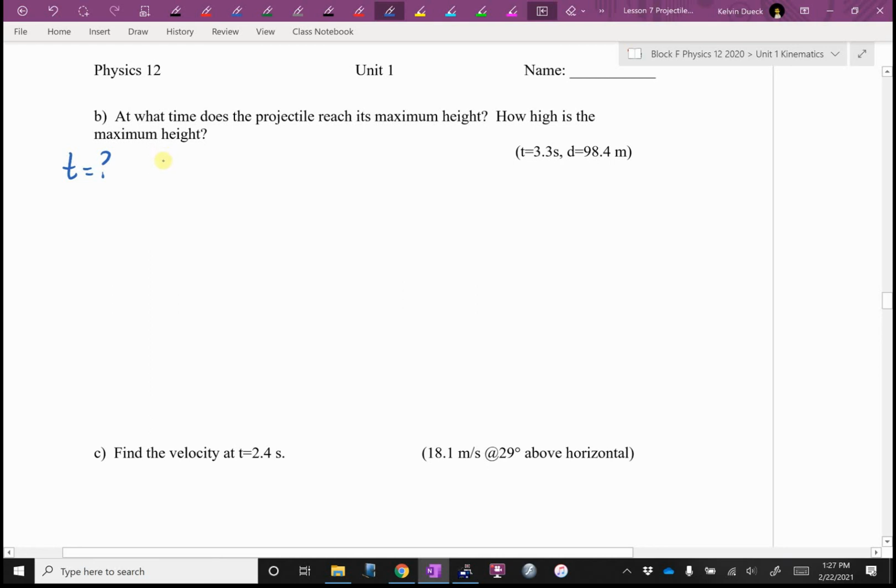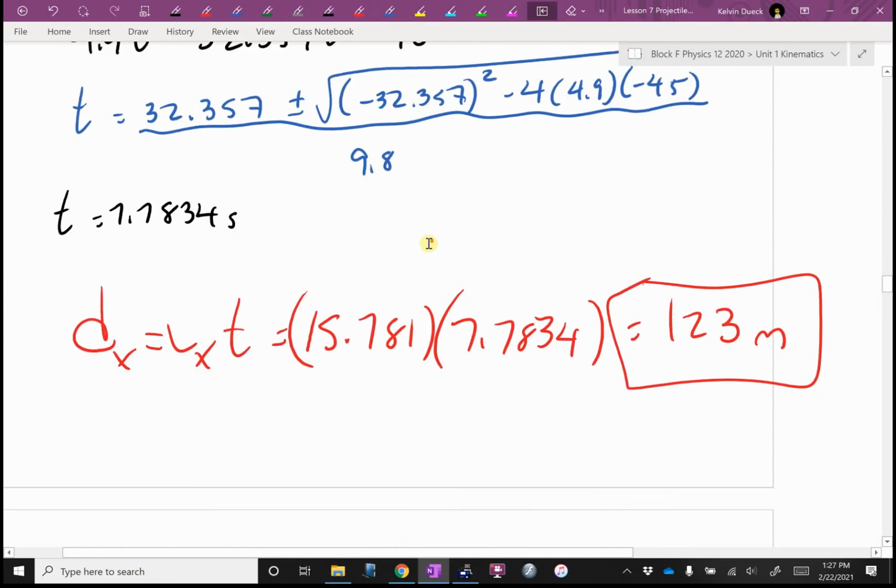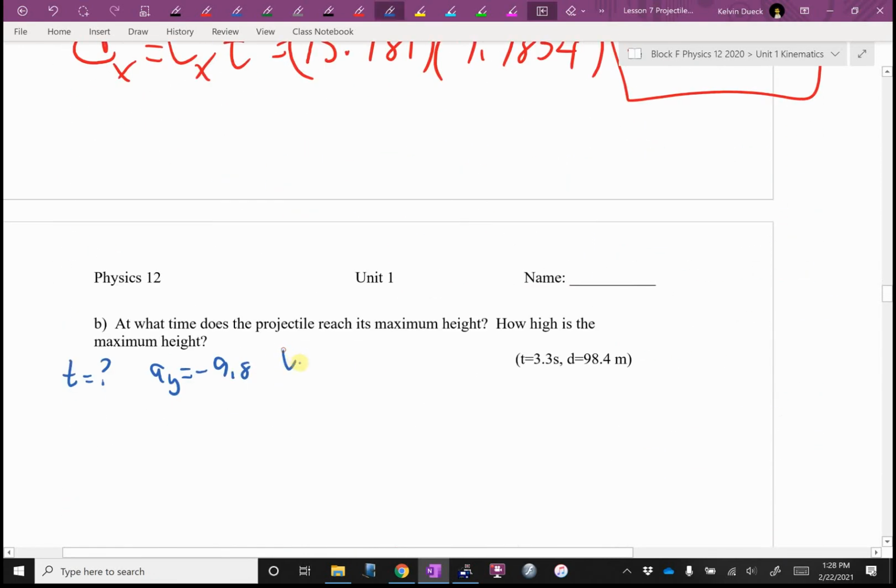So I definitely know ay is negative 9.8. And what was Vy initial? Vy initial 32.357. That's only two things.